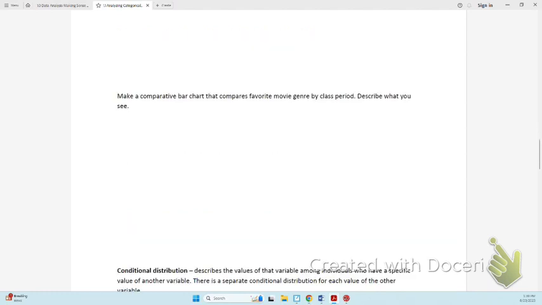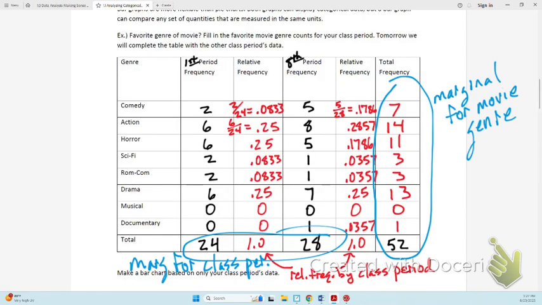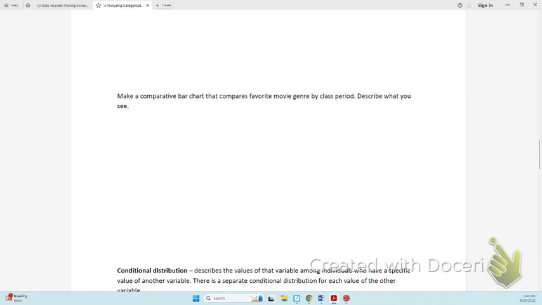So down here, we need to make a comparative bar chart based on those relative frequencies. So whenever it says on your paper, compare movie genre by class period, I need to look at those red relative frequencies and make my bar chart. So I'm going to draw a big graph. I'm going to call this movie genres by class period.